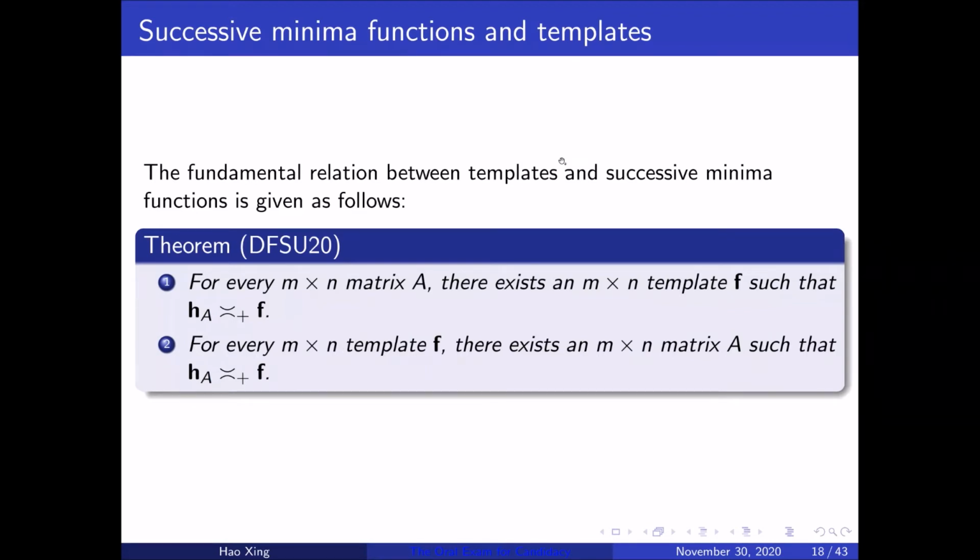The significance of this theorem is that the study of the matrix can be translated into the study of the successive minima functions through Dani's correspondence principle, and in turn, through this theorem, it can be translated into the study of the templates.